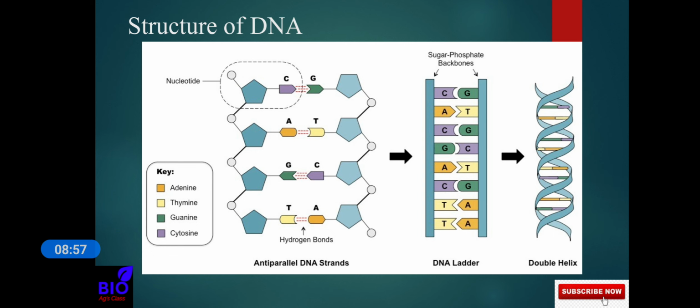That means 10 base pairs. So I think that is all about DNA structure. After hearing all that, if you still have any more questions about it, you may ask.